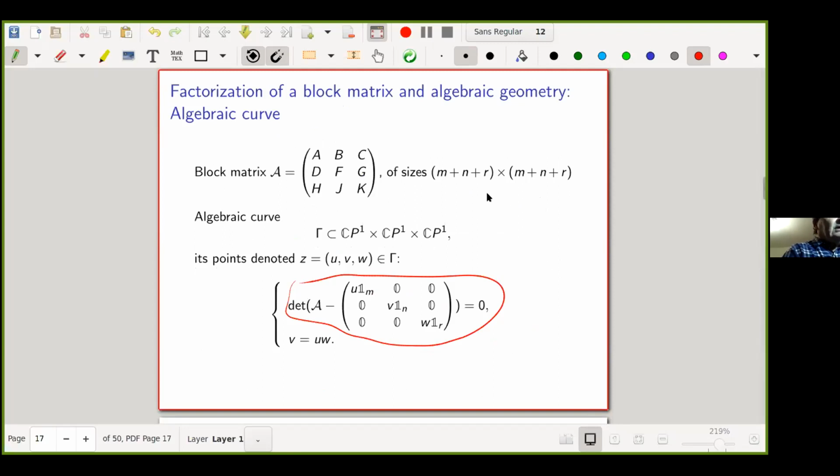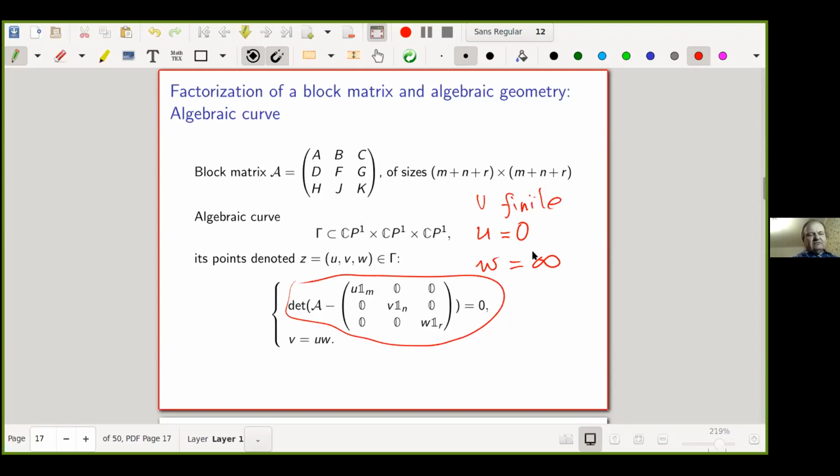For instance, consider such possibility where V is finite and U equals 0 and W equals infinity.